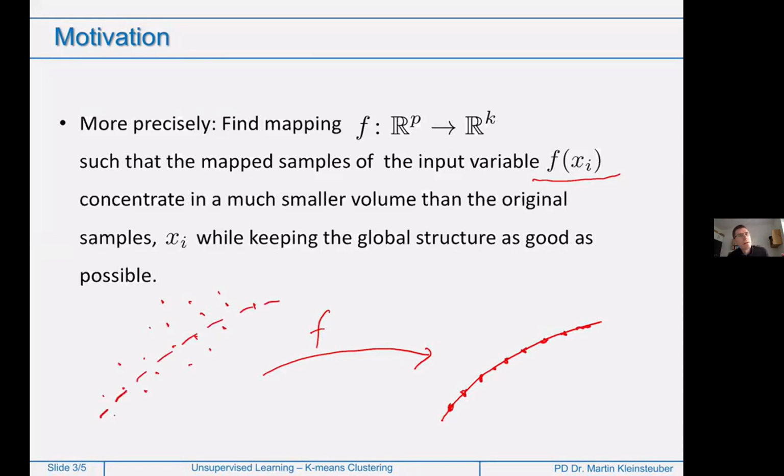That could be one way of how you could imagine that. So you have this data in the high dimensional space, and then you have a lower dimensional curve.